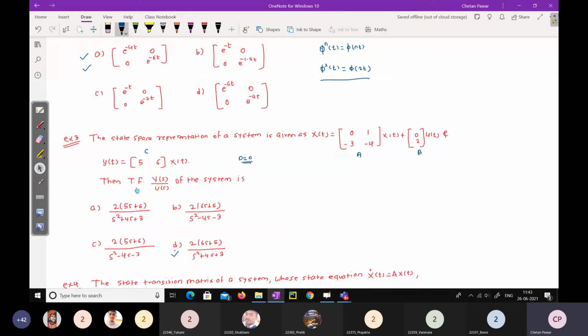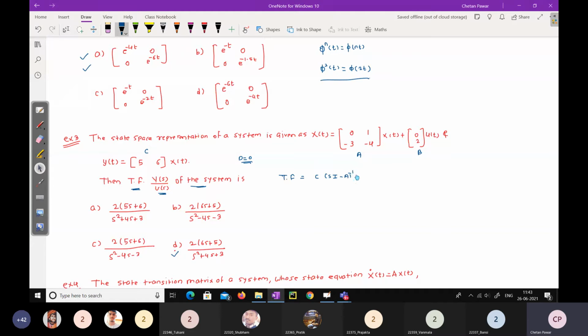Okay. Now, as we know, to find out the transfer function of the system, we know the formula. What is the formula? Transfer function is C into (sI minus A) inverse into B plus D. Is it right?